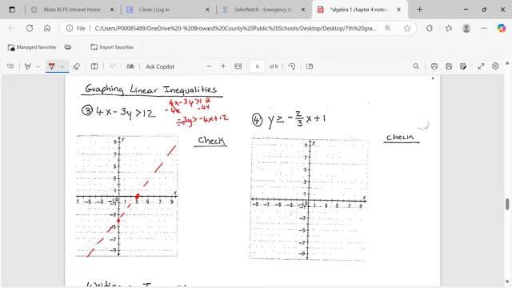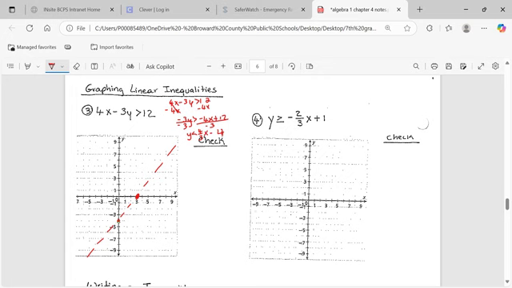And then I would divide both sides by negative 3 so that y is less than. If I multiply or divide by a negative, I also need to flip the sign. So it will be less than 4/3 x minus 4. And so you would see that it's a similar thing.